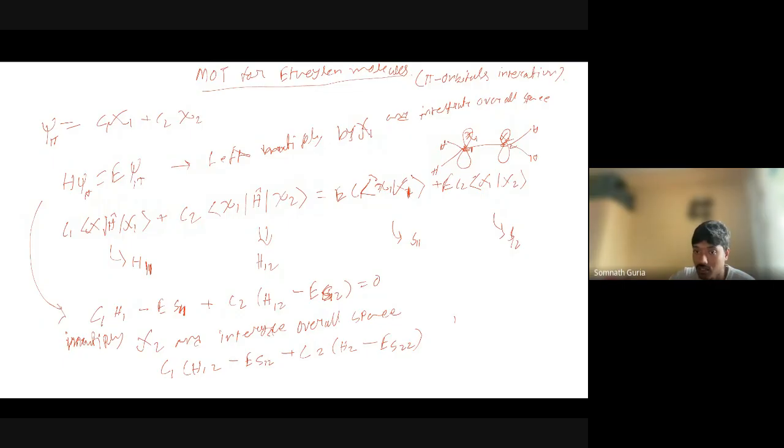We are considering that S12 equals S21 and H12 equals H21, as the Hamiltonian is a Hermitian operator. Okay, so from it we can make a matrix.